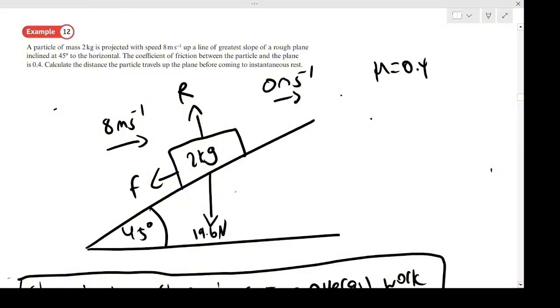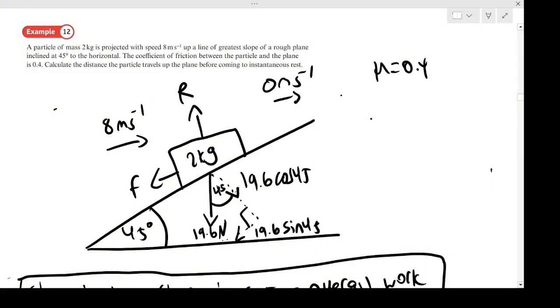Now remember, specifically with an angle, we need to split it up like this. So it matches the reaction force, and this angle is 45. So this is going to be 19.6 cos 45, and this is going to be 19.6 sine 45.